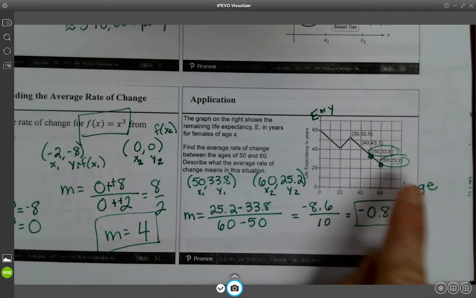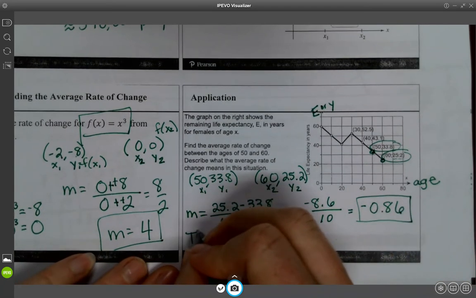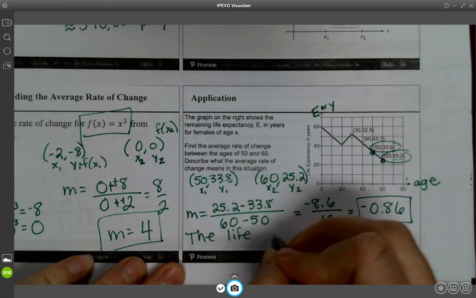So look how it goes down. Age and then life expectancy in years. So this is the life expectancy.